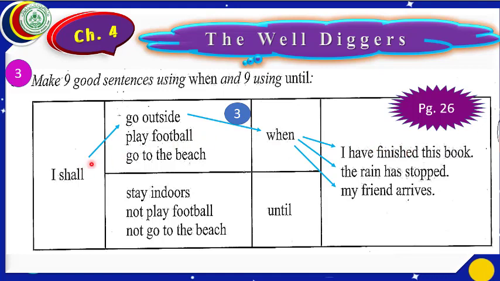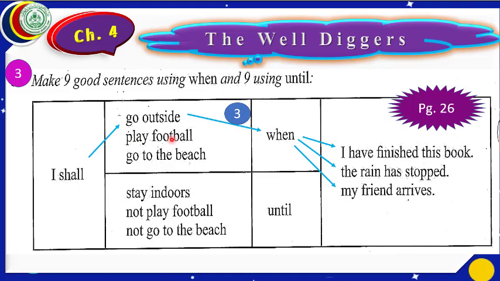We shall write, I shall go outside when I have finished this book. I shall go outside when the rain has stopped. I shall go outside when my friend arrives. In this way, we shall make 3 sentences by using when and go outside.